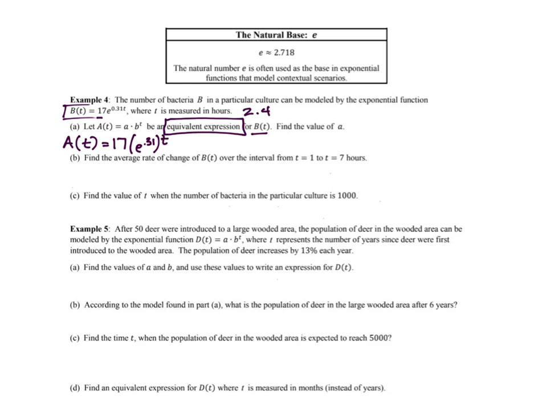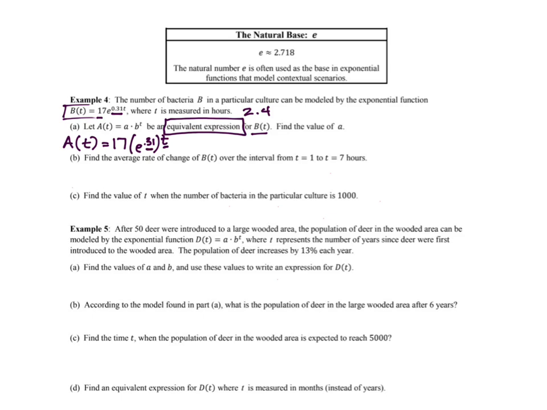This is going to be an equivalent expression. When I'm multiplying these powers, 0.31t, it's the same as raising a power to a power. So the equivalent expression here is A of t equals 17 times e to the 0.31, all to the t.